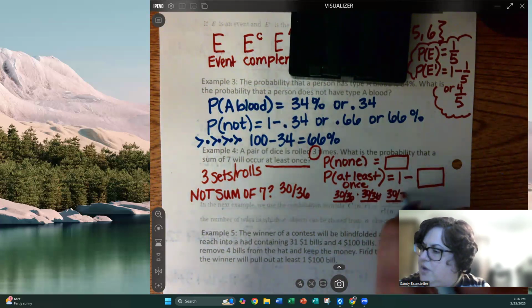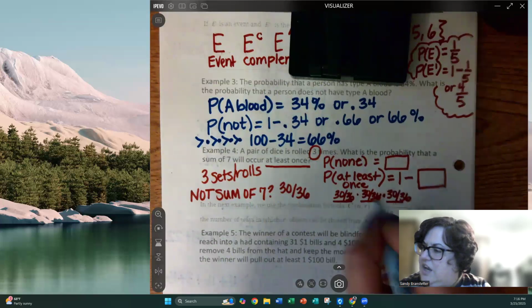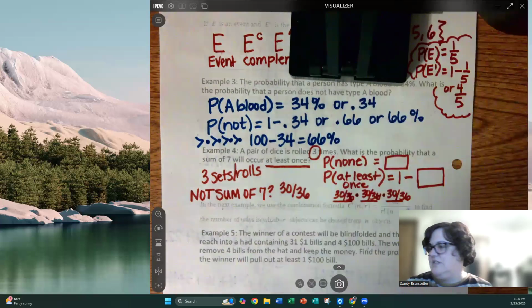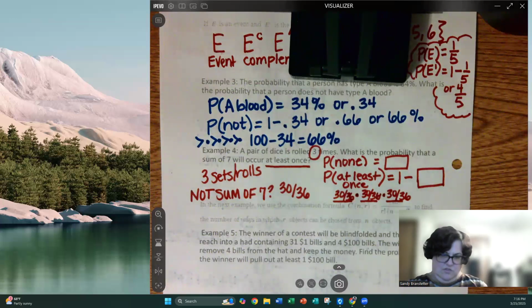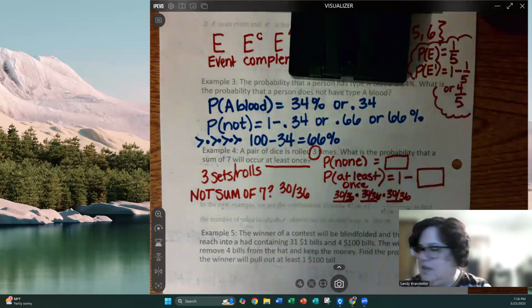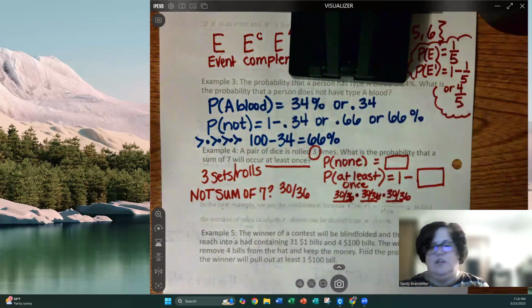Remember, this is the probability that I do not get a 7. Okay, so let's grab the calculator here. 30 out of 36, and we're going to take it times itself. So 30 divided by 36 times 30 out of 36 times 30 out of 36.